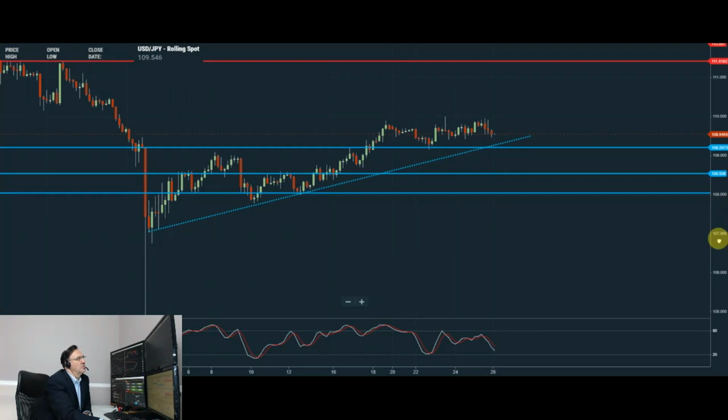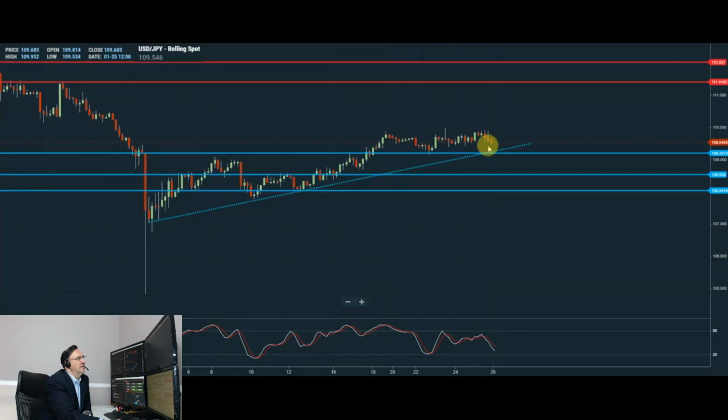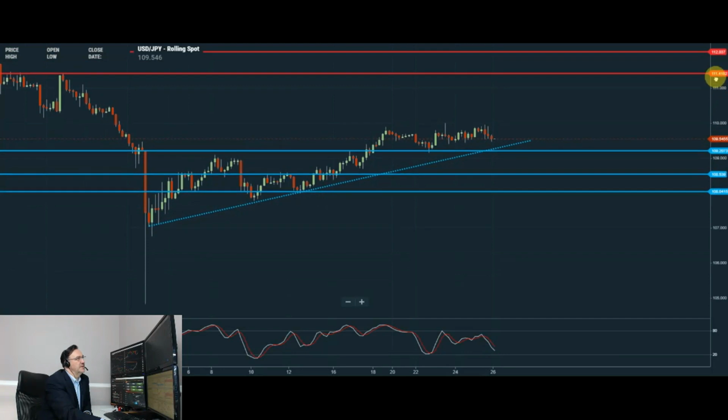Bulls appear to be in control above that level, potentially targeting the initial upside resistance at 110. Only a breakout and end of day close above 110 could indicate that this bullish sentiment is still intact, potentially opening up the way for the spike higher and retest of resistances towards 111, 111.40, 112, possibly even 112.50 to the upside.